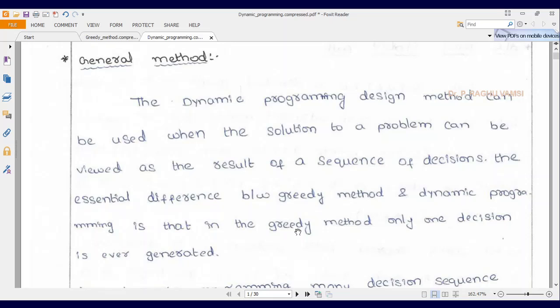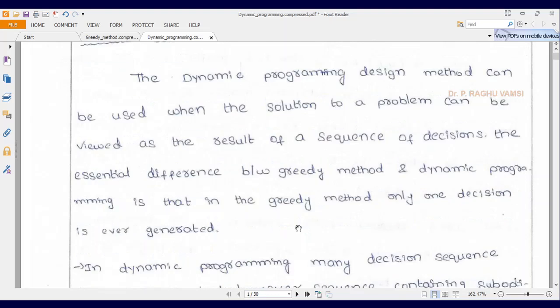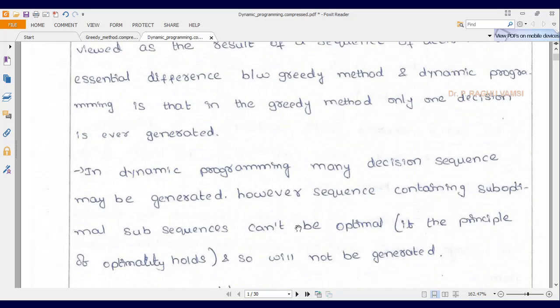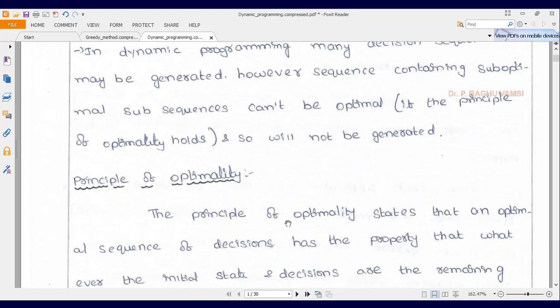But the next step does not depend upon the previous step, or it won't take any lessons from the previous step and will go further. In dynamic programming, many decision sequences may be generated. However, sequences containing suboptimal subsequences cannot be optimal if the principle of optimality holds, and so will not be generated.